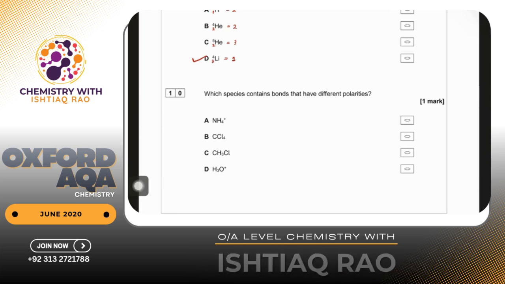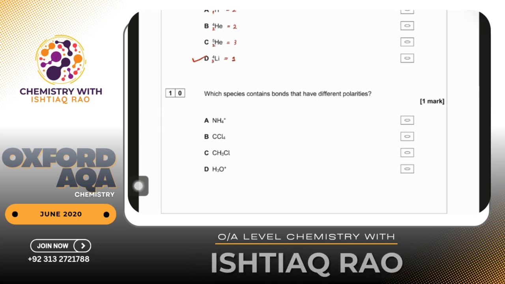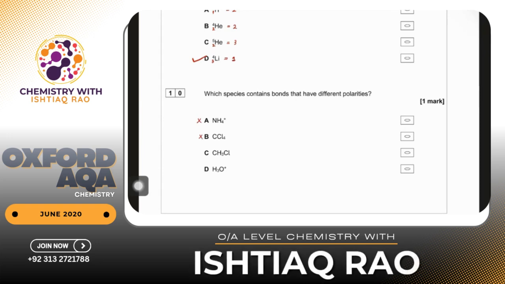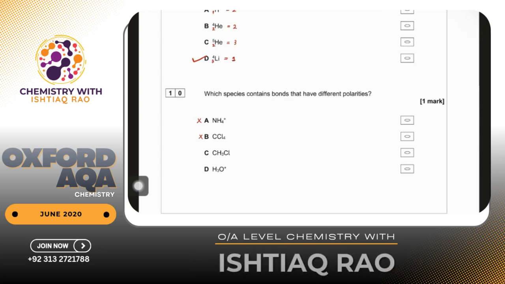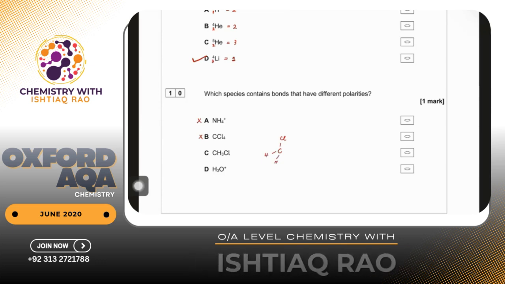Yeah, exactly. It's non-polar, quite near to symmetrical. CCl4 is also symmetrical, it's similar as well. CH3Cl is also similar. I think it would be H3O. No, H3O is also similar.